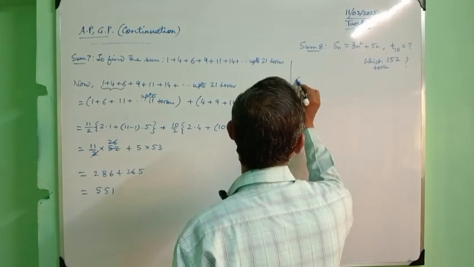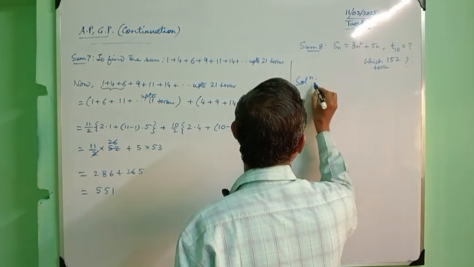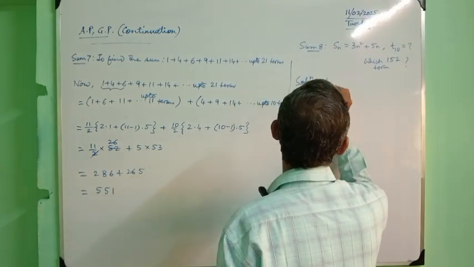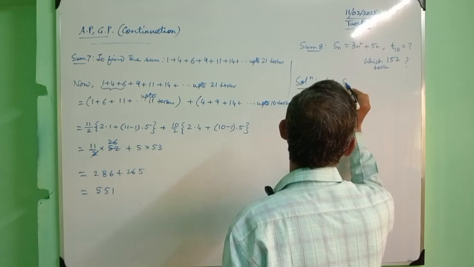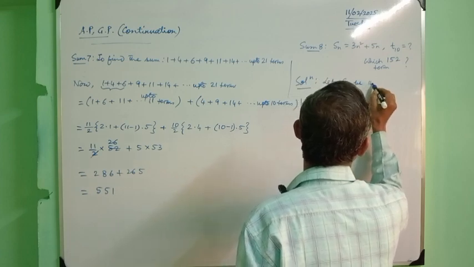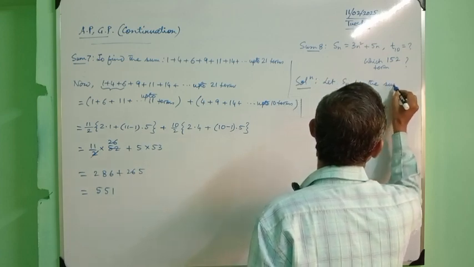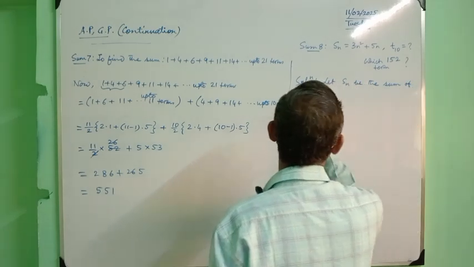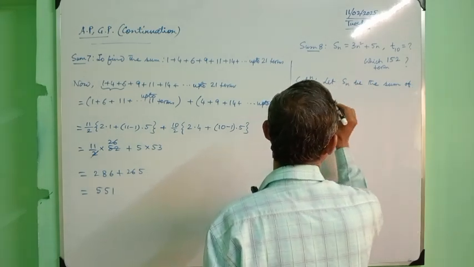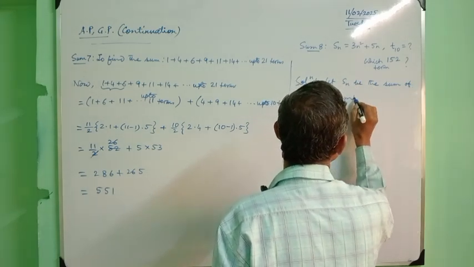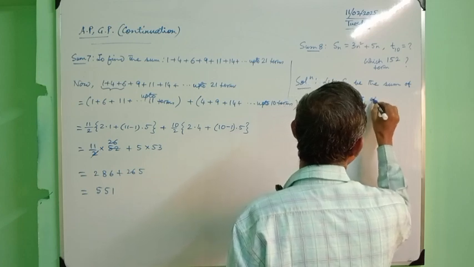We start like this. Let Sn be the sum of first n numbers of the AP.